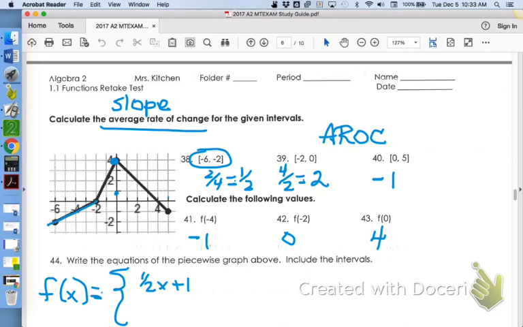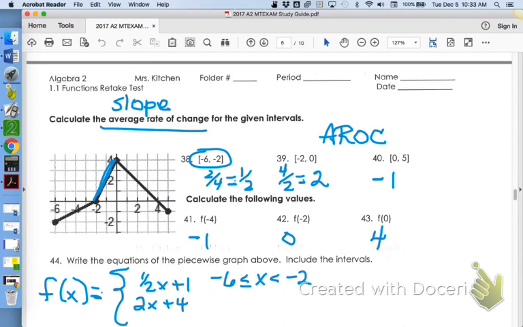And that's on the interval from -6 all the way over to -2. Okay? And then we're going to find the slope, or excuse me, the equation of this line, which we already found the slope was 2, so that's going to be 2x, and it hits at 4.